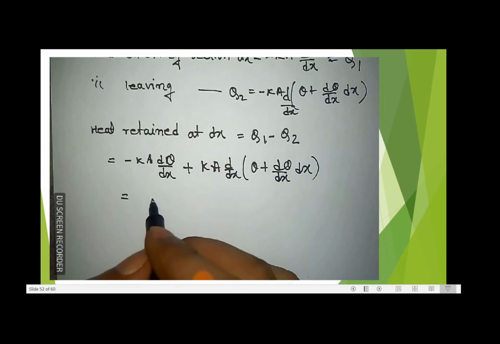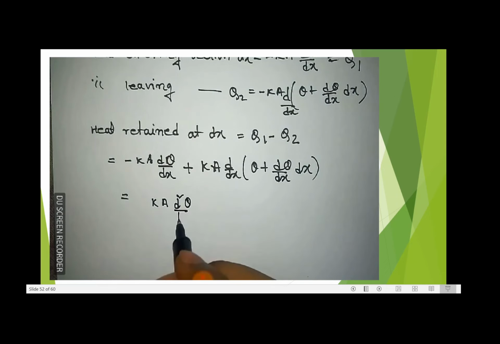After calculation we find that it is equal to K A d2 theta/dx2 into dx.